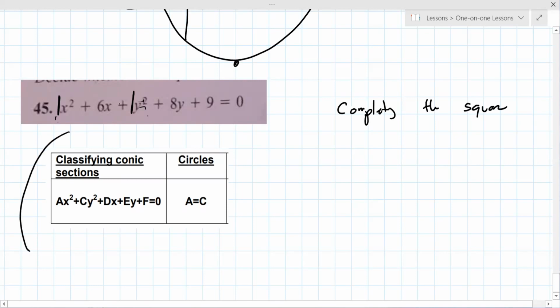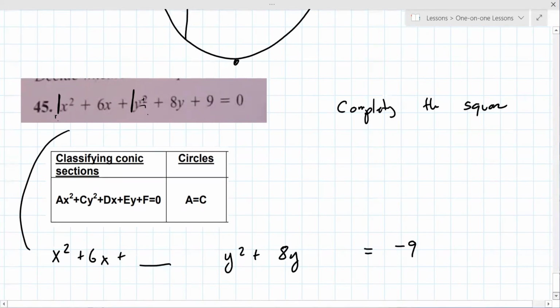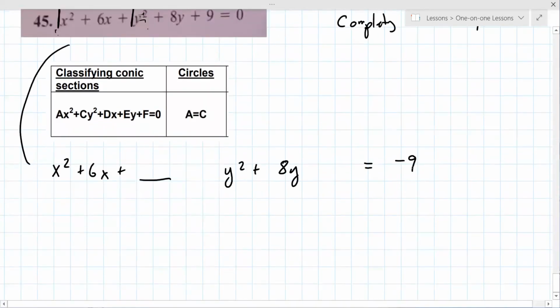is they actually want you to complete the square. X squared plus 6x plus, leave a space, y squared plus 8y, move this 9 over. And what they're hoping is you have to get a positive number over here. Okay, so to complete the square, you take half of this number, and then you square it here, and you get 9 there. Whatever you put here, you have to add over here.